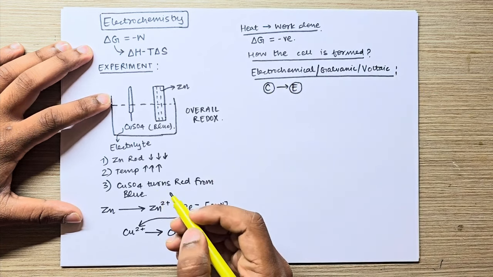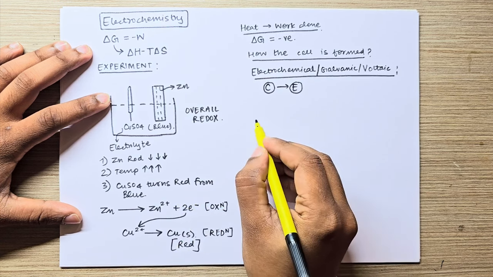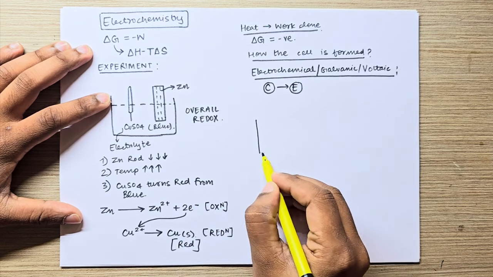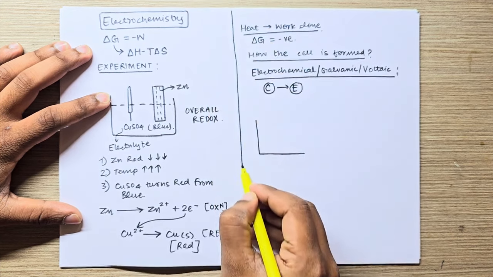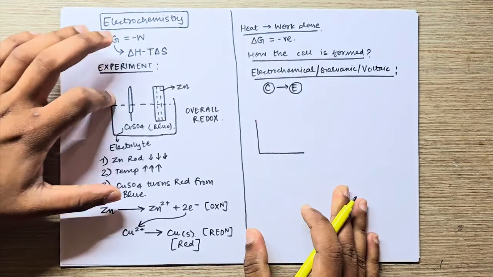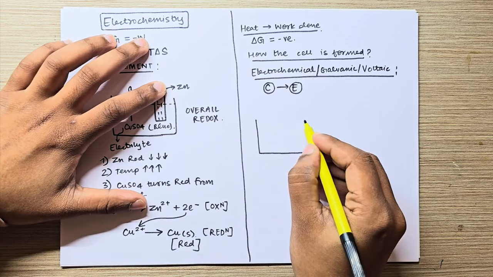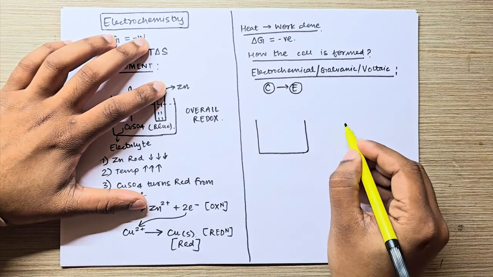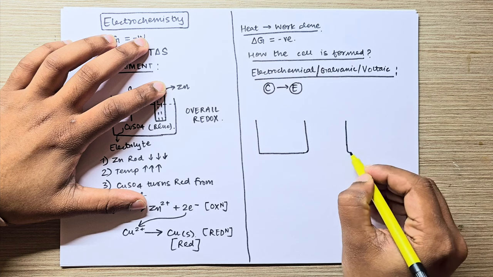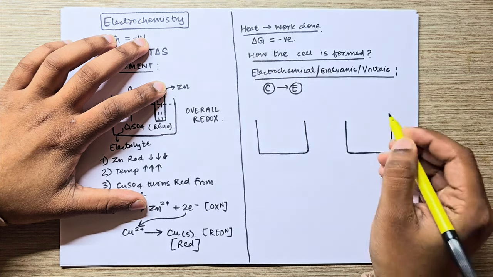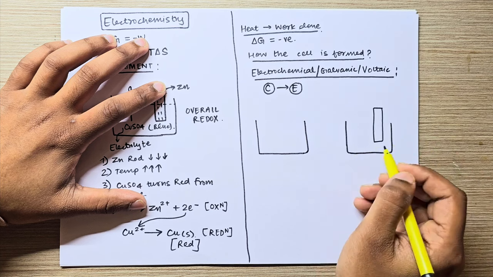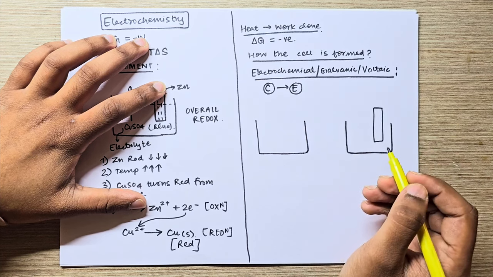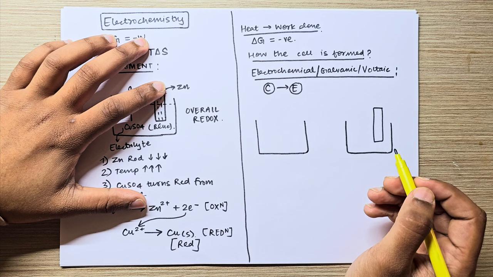Now, how to prepare a cell? This is the question. I'm drawing a separation here so you can understand it well. You have to take two tanks with rods, and each rod is known as an electrode. Electrodes are of two types, cathode and anode.